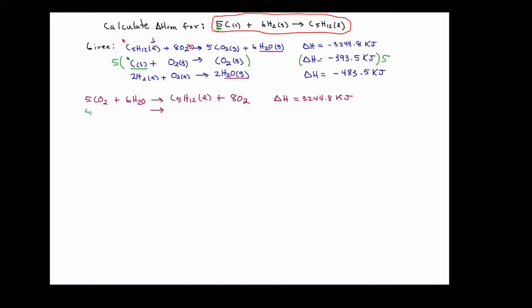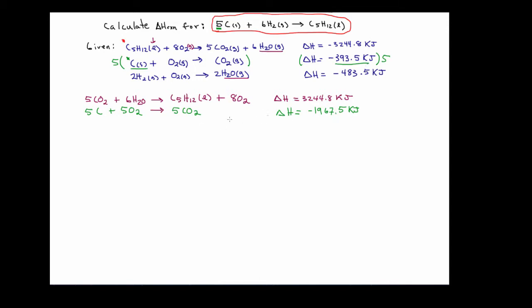So this is going to be 5 carbons plus 5 O2s, and we will produce 5 CO2s. And the delta H is going to equal minus 1967.5 kilojoules, and that's after having multiplied 5 through minus 393.5.